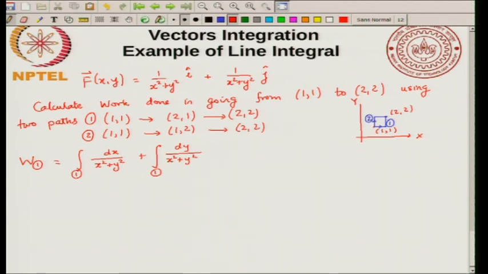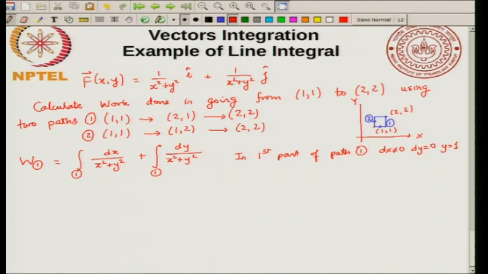Now, if you can see, in path 1 there are two parts. In one part only the x changes, in the other part only the y changes. So, in the first part of path 1, dy is 0. In the second part of path 1, dx equal to 0. Not only that, in the first part of path 1, dx is not equal to 0, dy equal to 0 and y equal to 1.